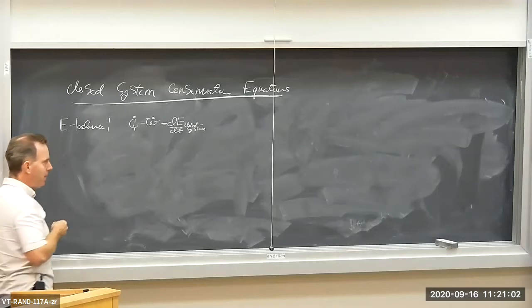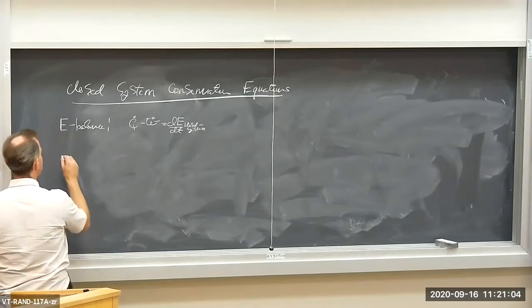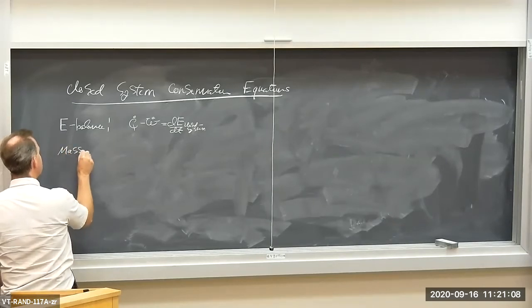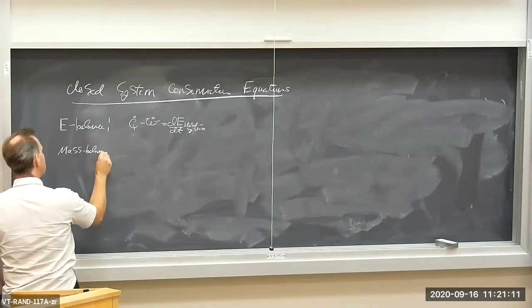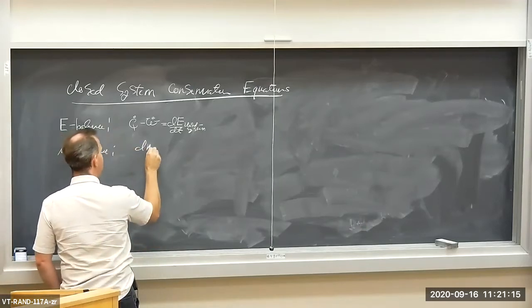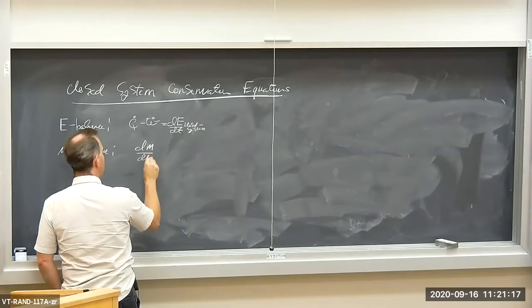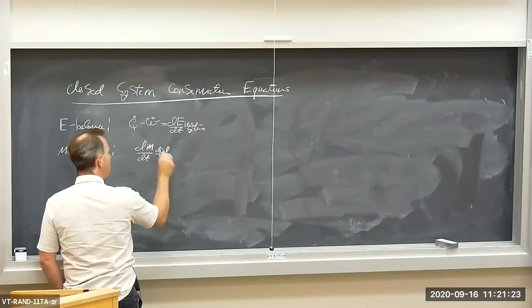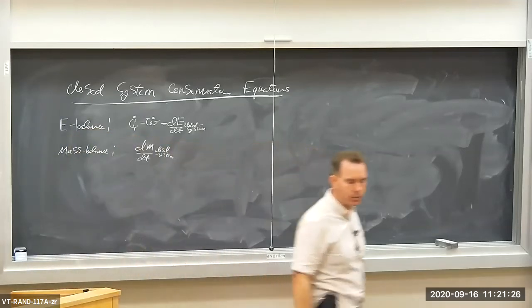There's also a mass balance. We haven't talked about it much. Why? Because it's kind of trivial. So, mass balance. The change in mass over time for a closed system, what's the time rate of change of mass in a closed system?